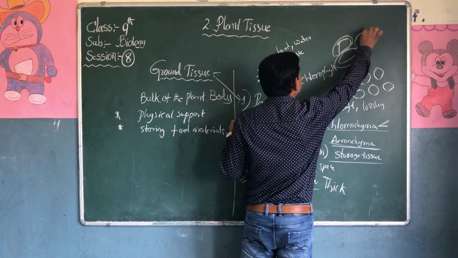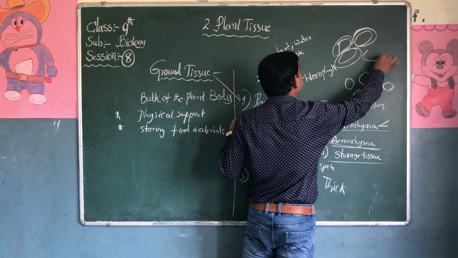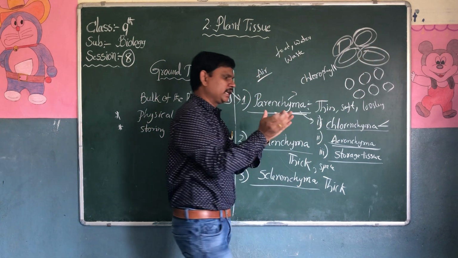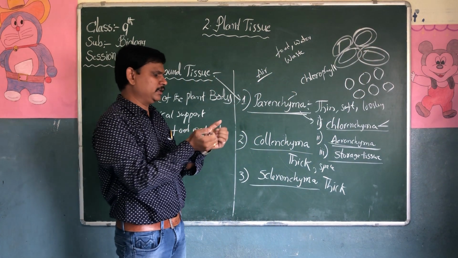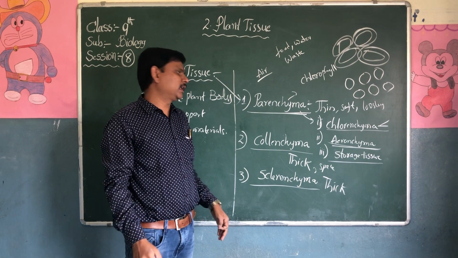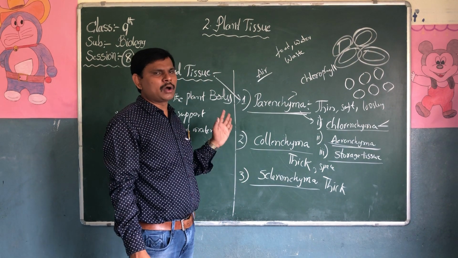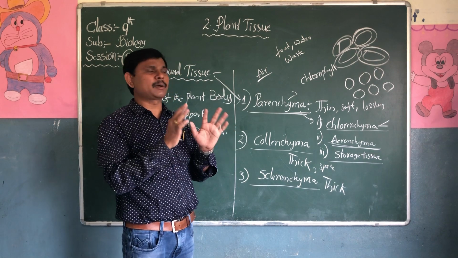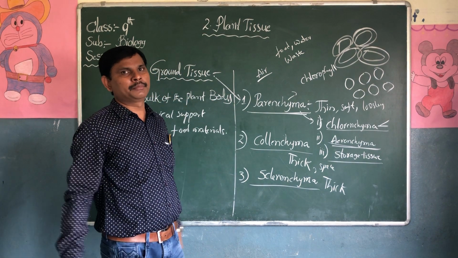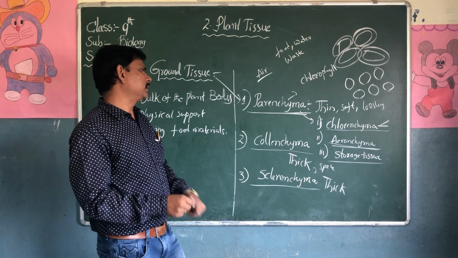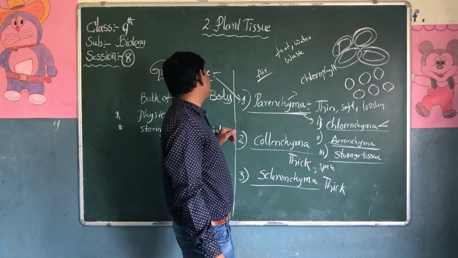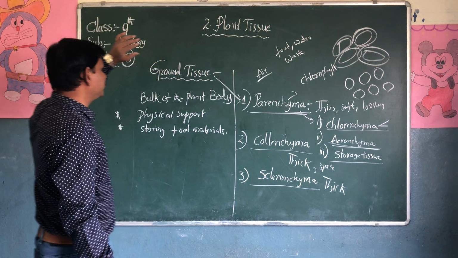They do not have gaps or spaces between the tissues in sclerenchyma. Sclerenchyma also gives mechanical support to the plants. These are the three different types of ground tissues.